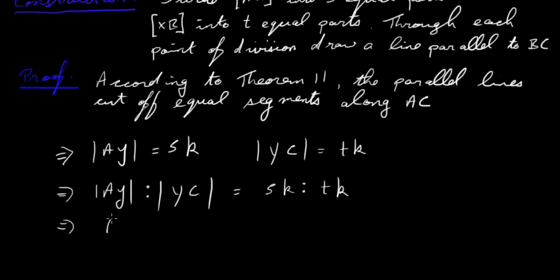And we can see here that AY to YC is just going to be S is to T. The K's here will just cancel out. You can divide across here by K if you like. And this is exactly what we wanted to prove.